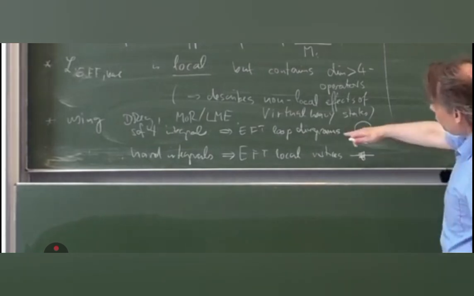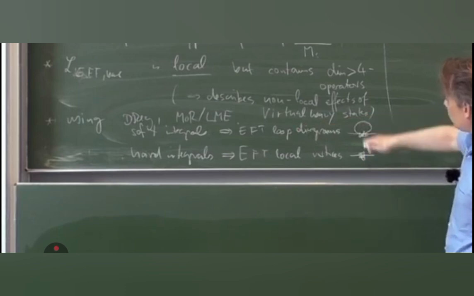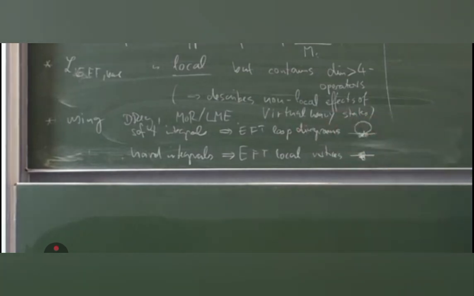So we see that single diagrams in the full theory are split into different contributions from the EFT, such loop diagrams and tree-level diagrams. And of course, something similar but more complicated happens at the multi-loop level, where there is interplay between soft and hard integrals, because we have several loops.